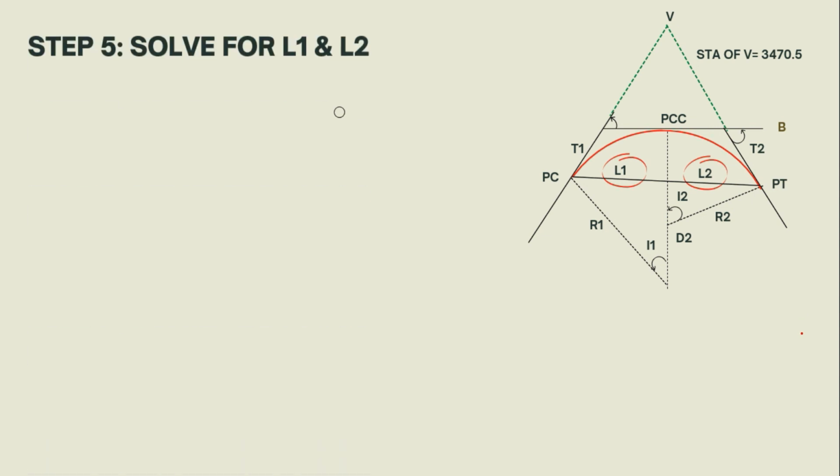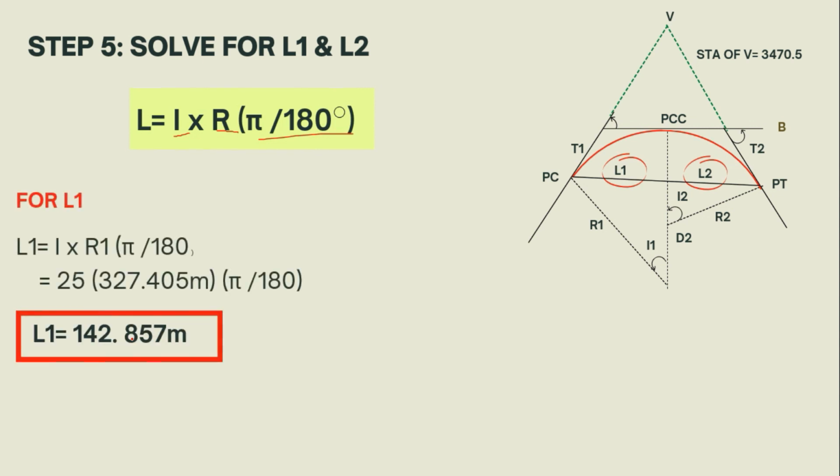In solving L1, we already have a formula taken from the simple curve discussion. In getting L, we just have to use the central angle times the radius times pi over 180 degrees. For L1, you just have to substitute the given central angle for the first curve and the R1, which we have computed already a while ago.